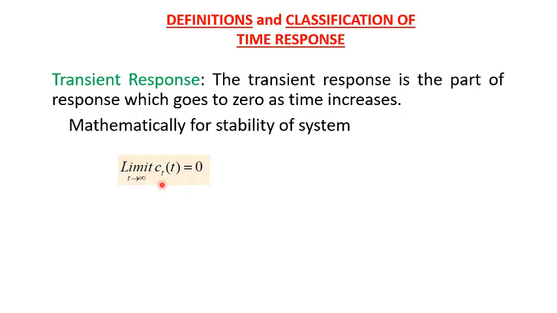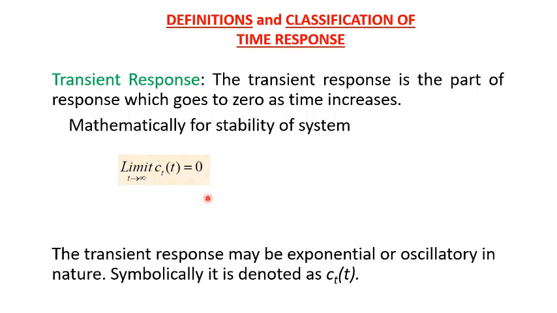Here we are using limit as a function because the equations are time dependent. As t tends to infinity, it is going to reach a value equal to 0. That is the meaning here.